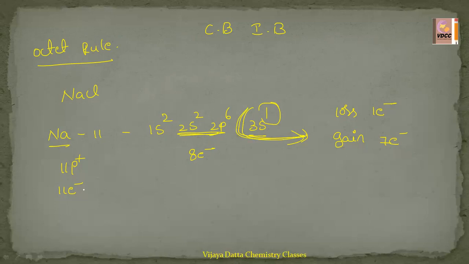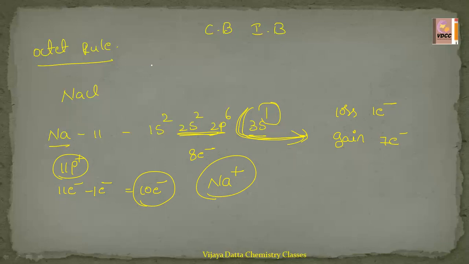So sodium tries to lose 1 electron, then it will have 10 electrons. Who is dominating here, 11 protons or 10 electrons? Positive charges are more. That's why whenever an atom loses 1 electron, it gets a positive charge. Compared with sodium, Na plus is more stable because it has 8 electrons in its outermost shell.